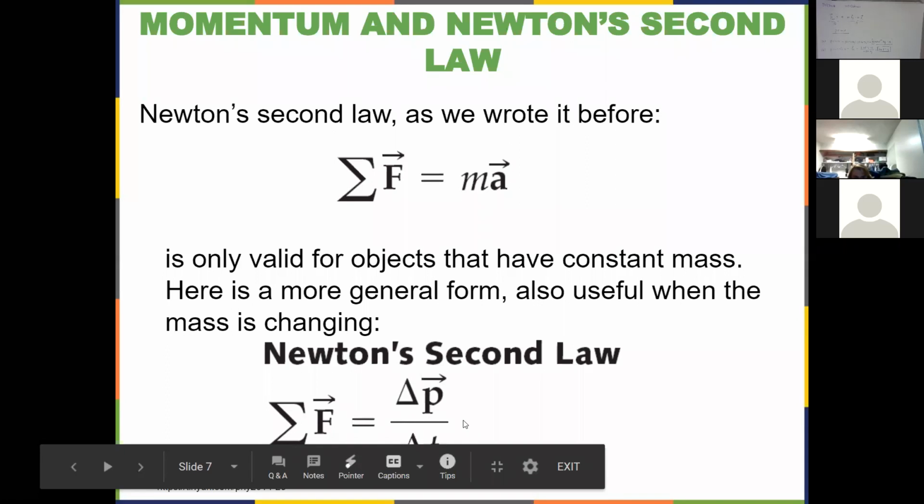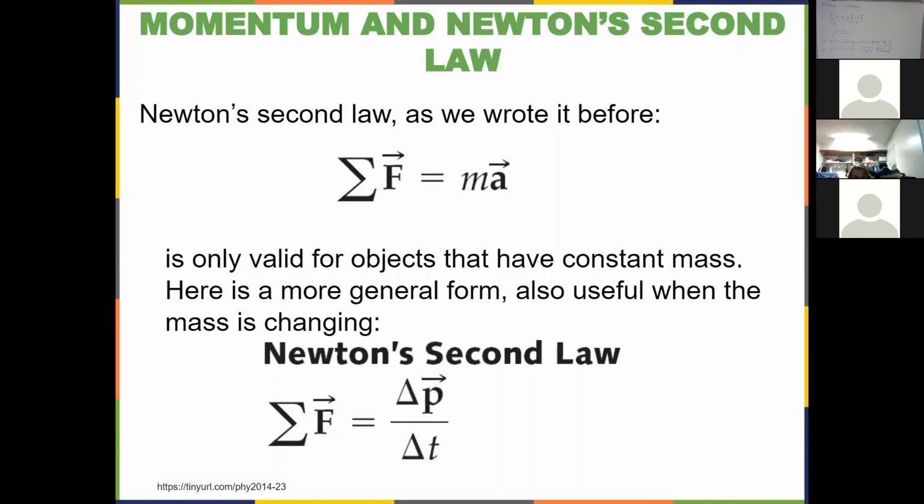Now, most of the time, when you look at physics problems, the mass of the object is not changing. But in some scenarios, the mass of the object does change. For example, when a rocket is launched into the air, the fuel is being consumed and expelled out as exhaust in the process.